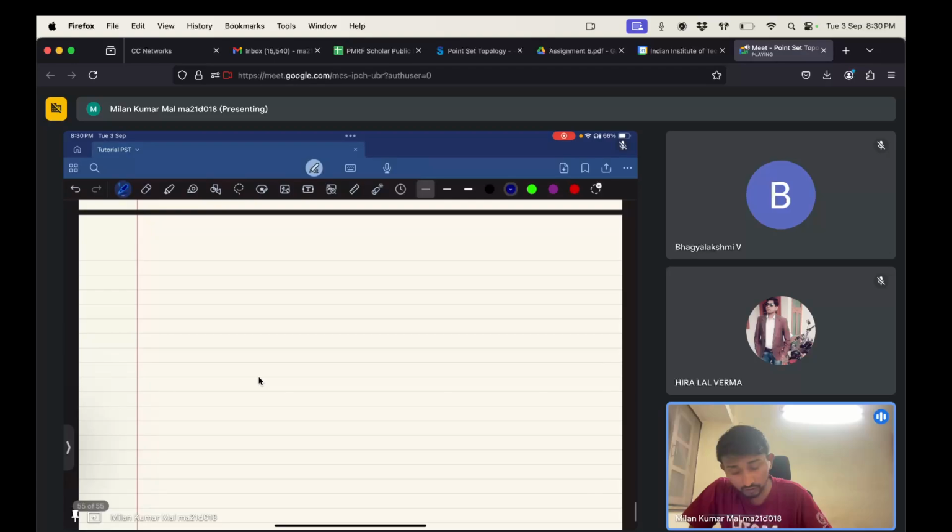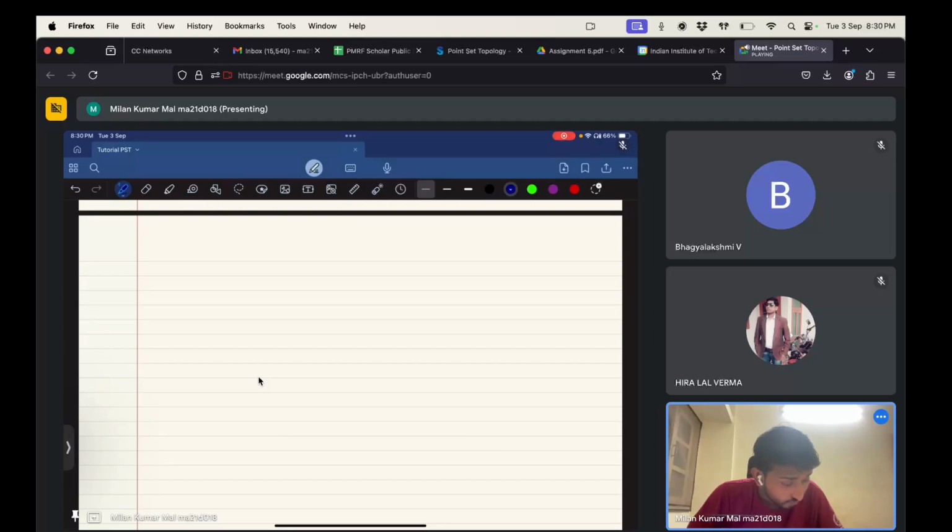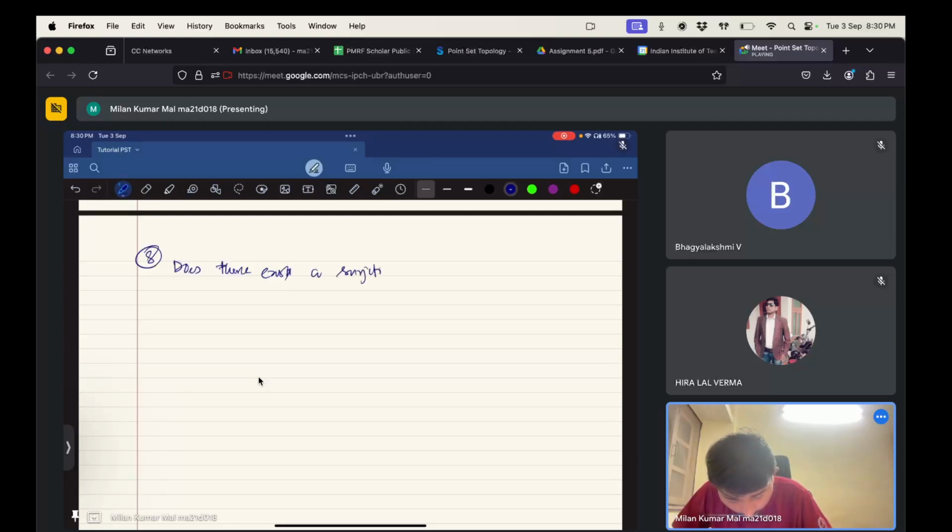Okay. So now we'll consider question number 8. Does there exist a surjective continuous map f from the closed interval [0,1] to the open interval (0,1)?